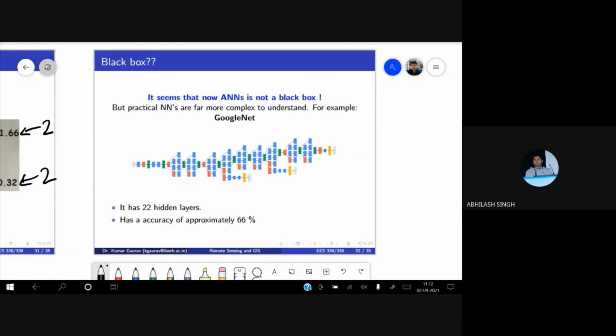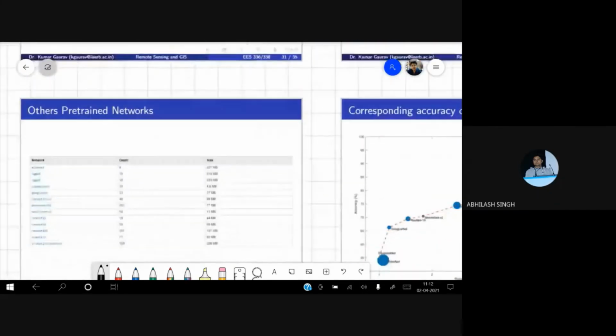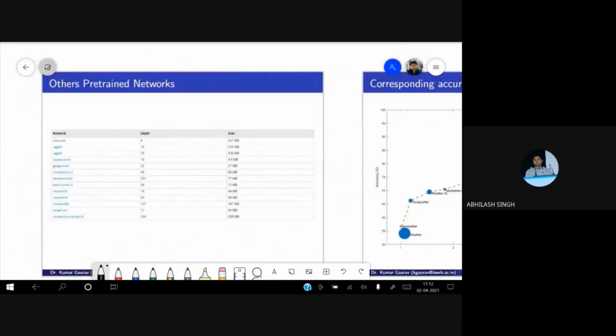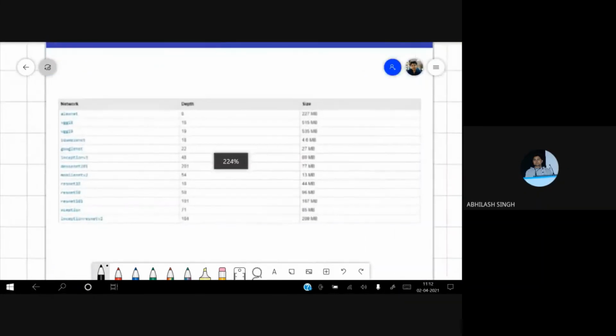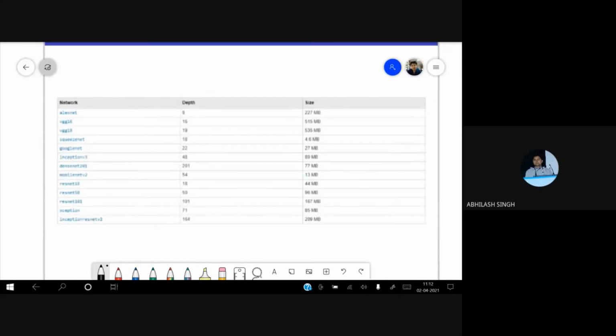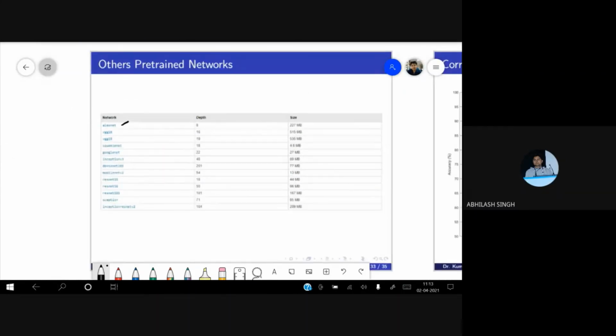A simple case is GoogleNet, a pre-trained network available from Google. You can see how many hidden layers there are: we have 22 hidden layers, and it provides an accuracy of 66. You can check on the internet, there are different ones: AlexNet, VGG 16, VGG 19.